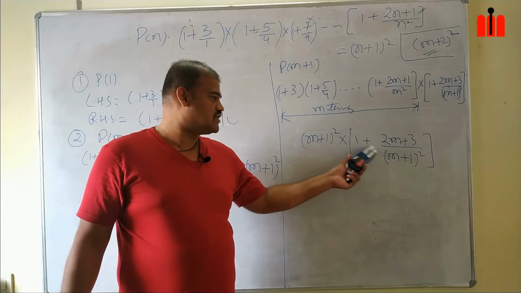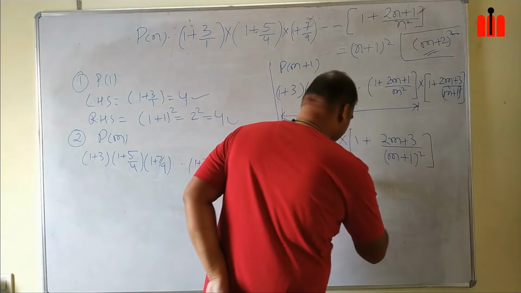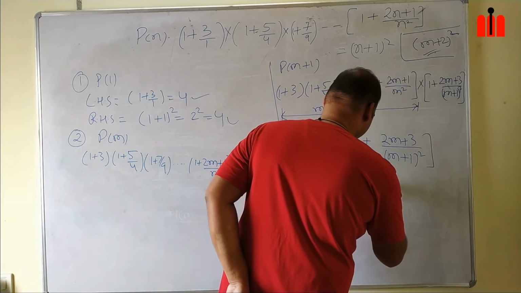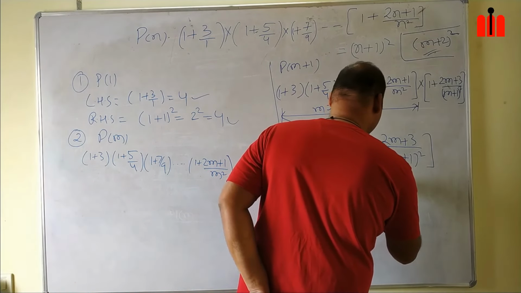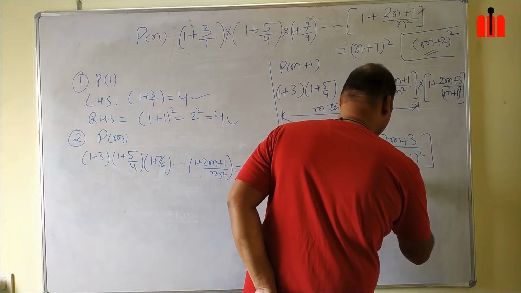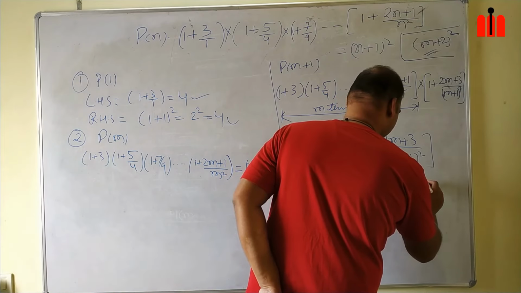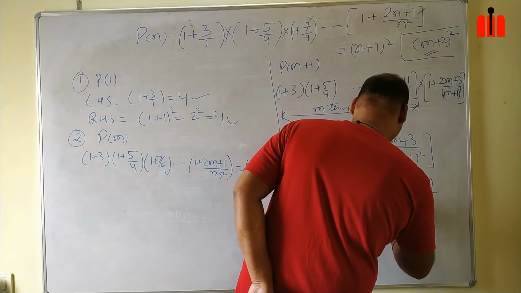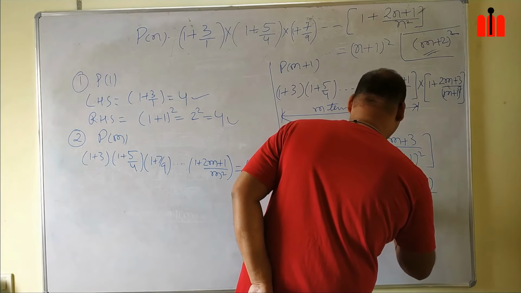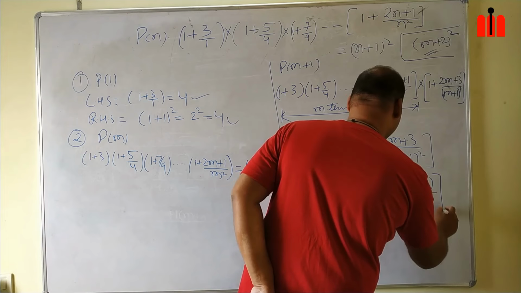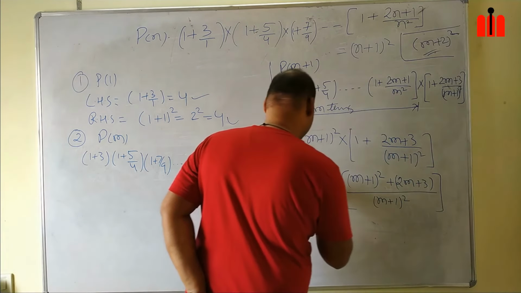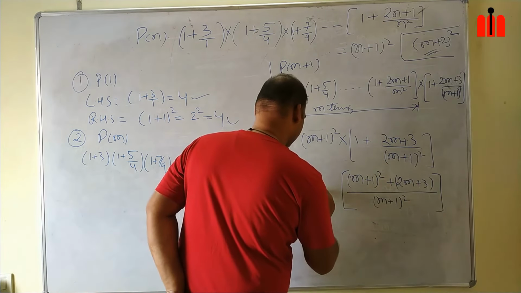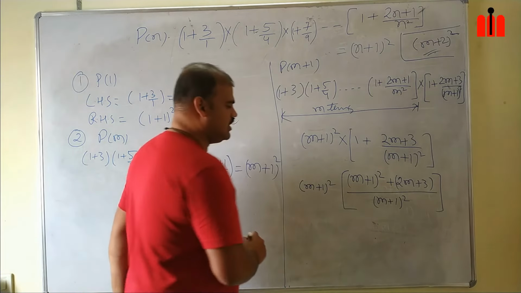Now let's take m plus 1 whole square as the LCM here, then it will be m plus 1 whole square plus 2m plus 3, by m plus 1 whole square, and here you will write m plus 1 whole square.